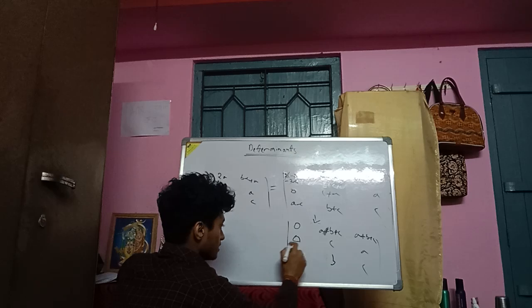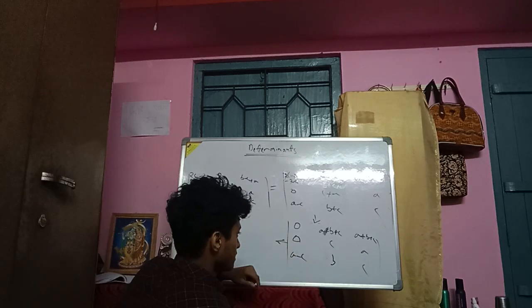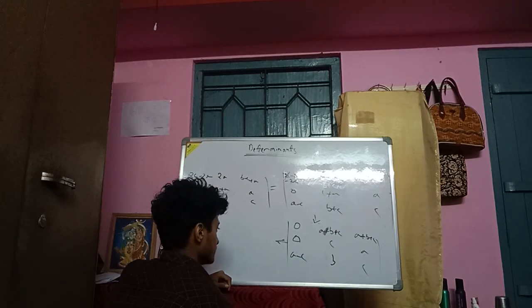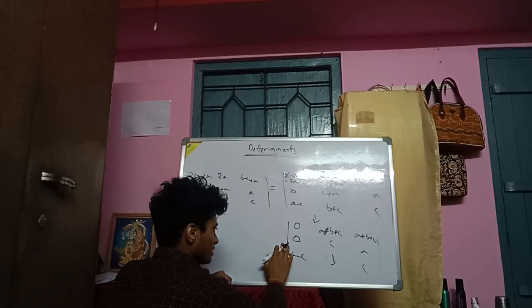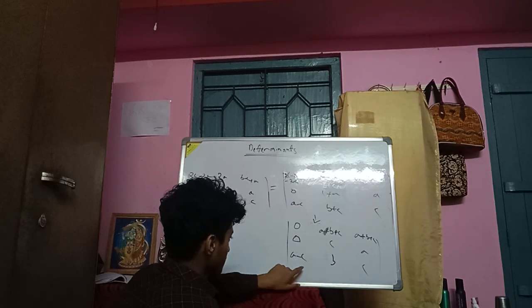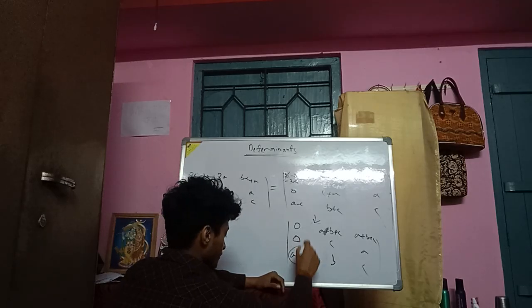I can simplify this further, but I think it has been simplified a lot already. I don't think we should have any problems now, since what we are left with is this element of the first column.